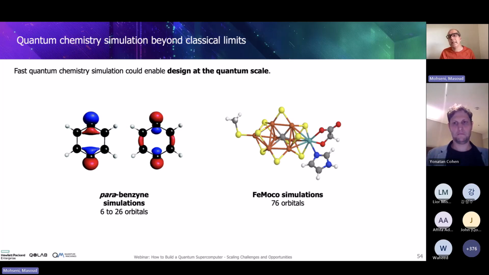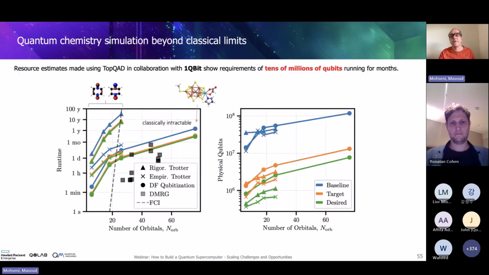This molecule is a very interesting one; people consider it a testbed for utility-scale quantum computing resource analysis. It's a cofactor for an enzyme that plays a role in nitrogen fixation, converting atmospheric nitrogen into ammonia. And people consider this a real practical application if you can simulate this system efficiently.